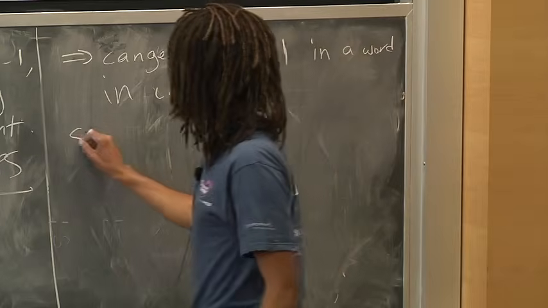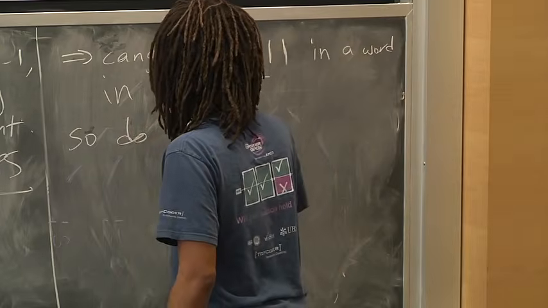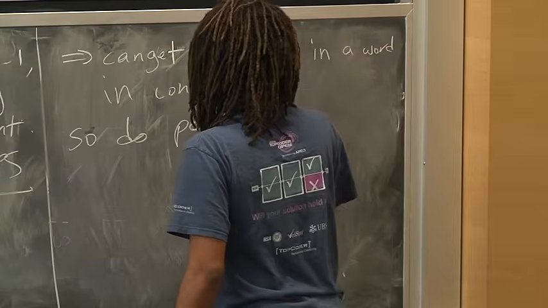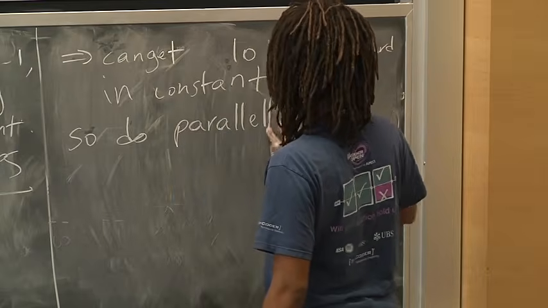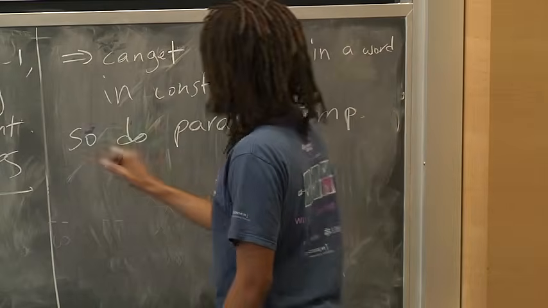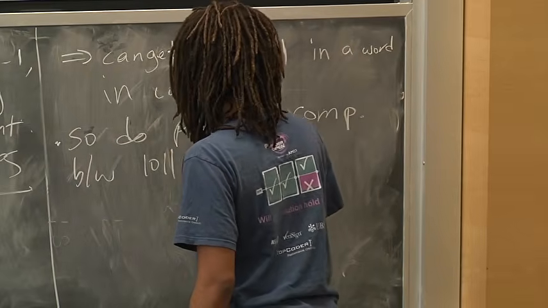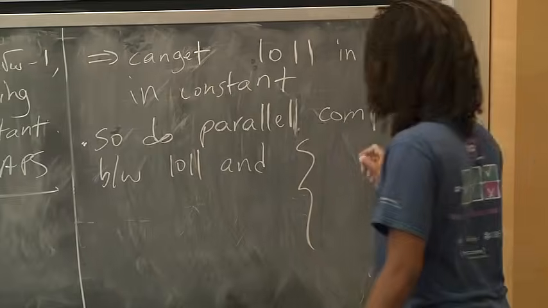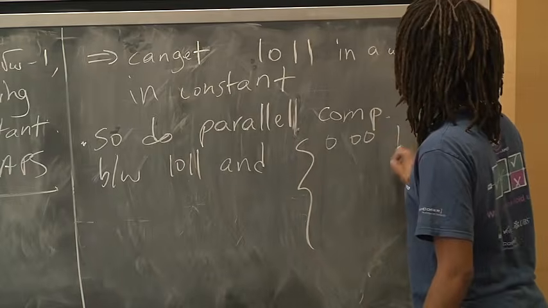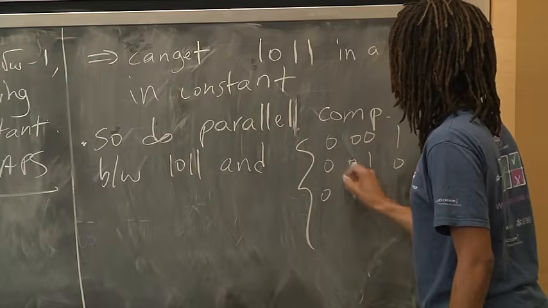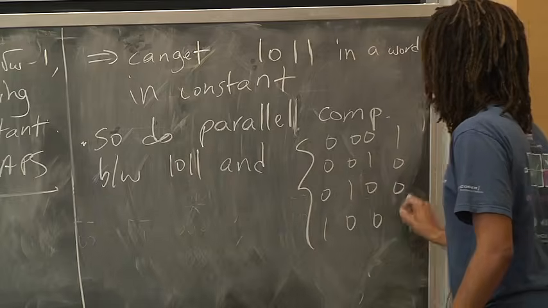So do parallel comparison between this 1, 0, 1, 1 and the set of words 0, 0, 0, 1, 0, 0, 1, 0, 0, 1, 0, 0, 1, 0, 0, 0.